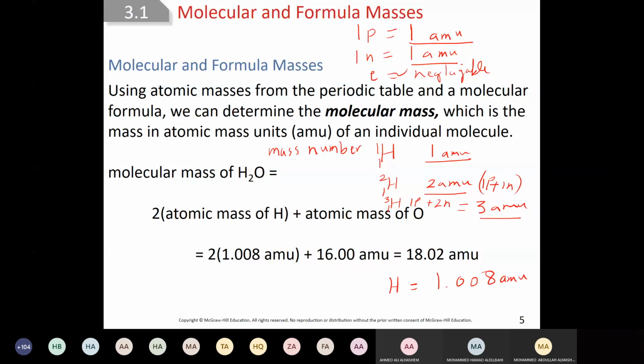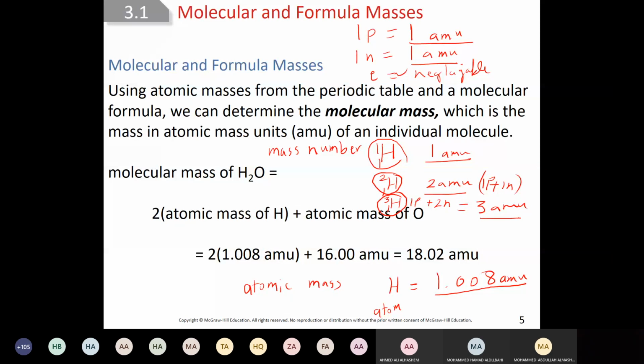One hydrogen atom has a mass of 1.008 AMU, which is the average of the atomic mass of the isotopes. These are isotopes, and this is now called atomic mass. Is this clear?